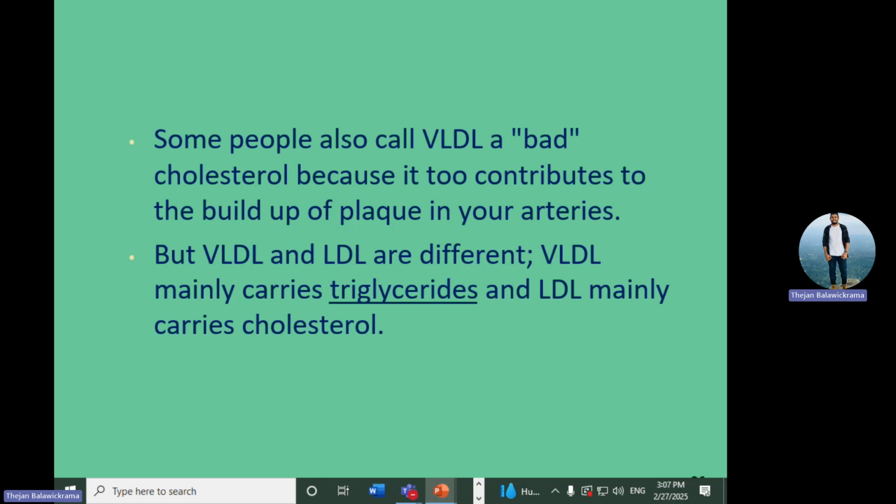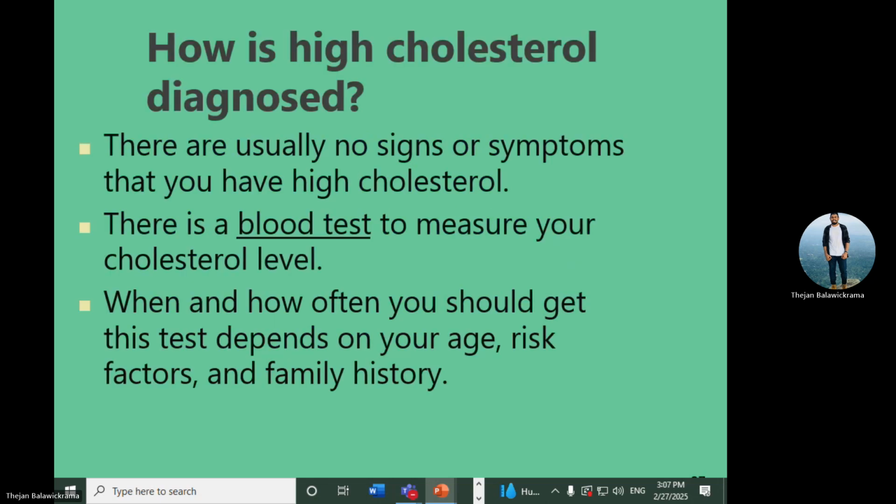So only HDL is good, and the rest are bad.